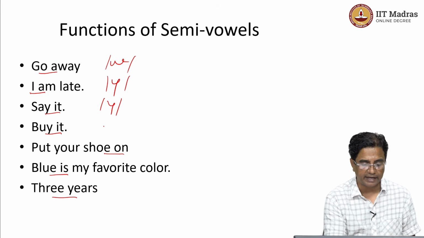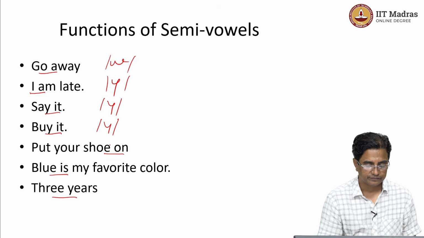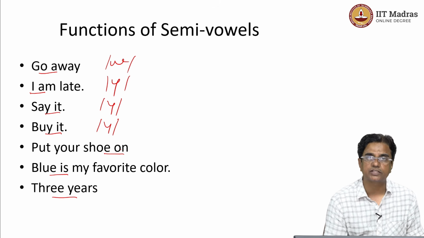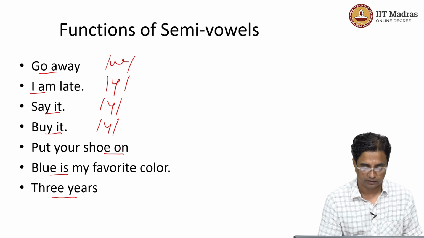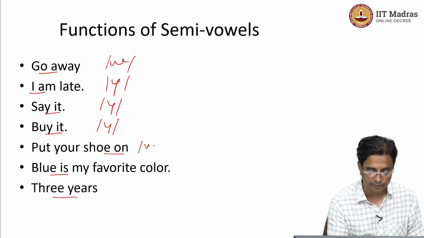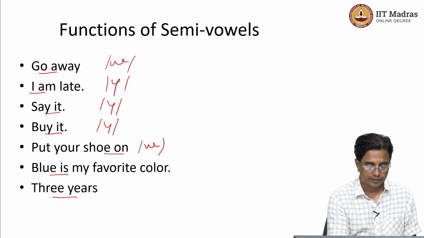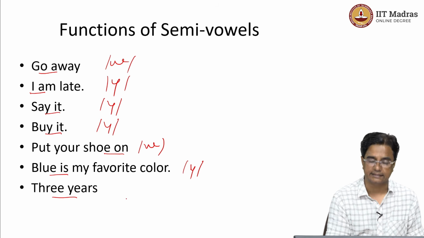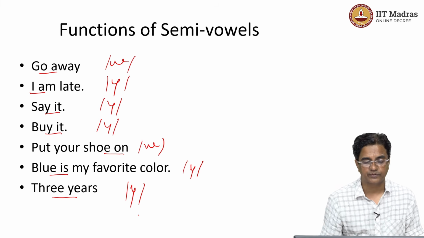Same thing, buy it. Put your shoe on. So it sounds like shoe won. So there is a wa sound here. Blue is, in this case, a ya sound. And three years, of course, a ya sound.